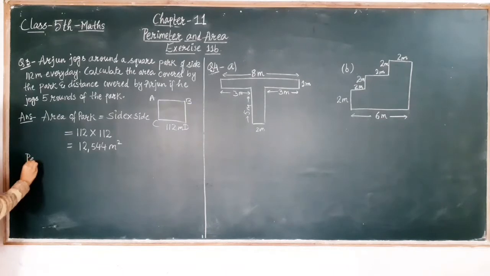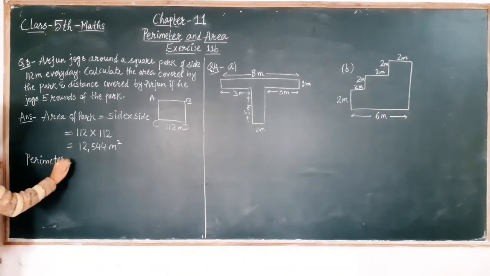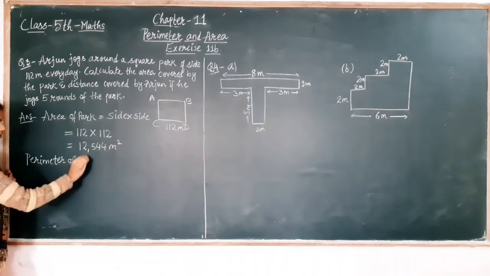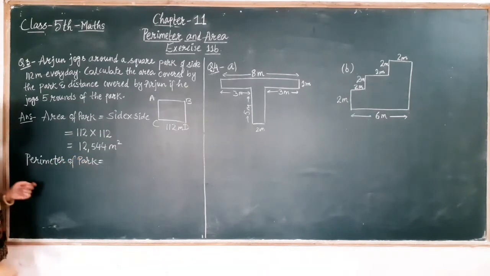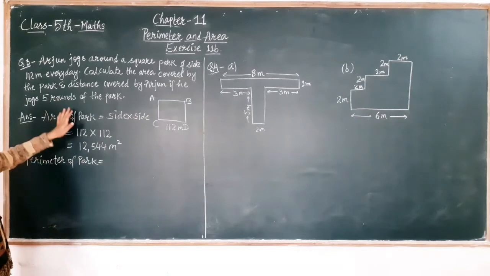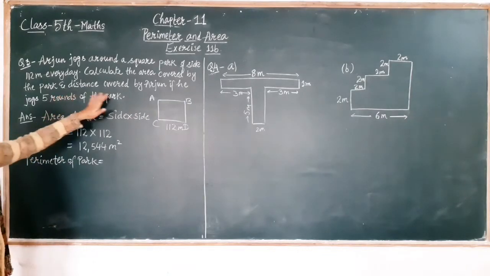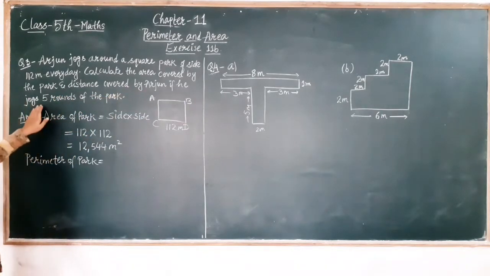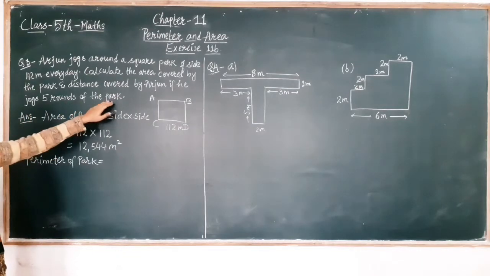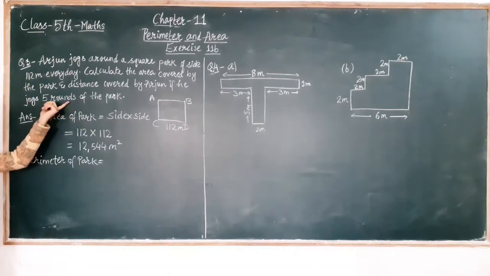Now you will find the perimeter of the park. It is said that Arjun jogs 5 rounds of the park, and we need the distance covered.